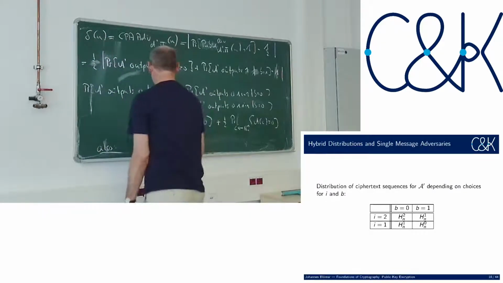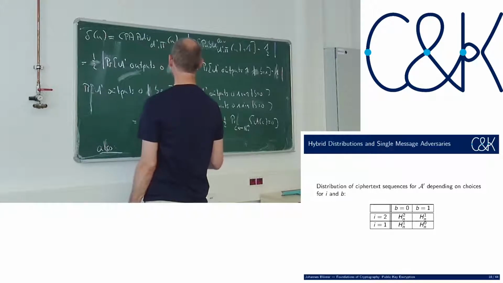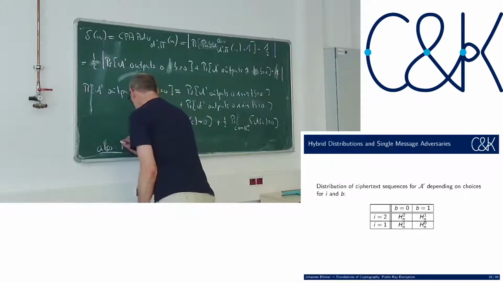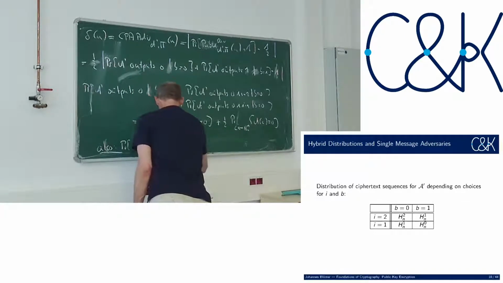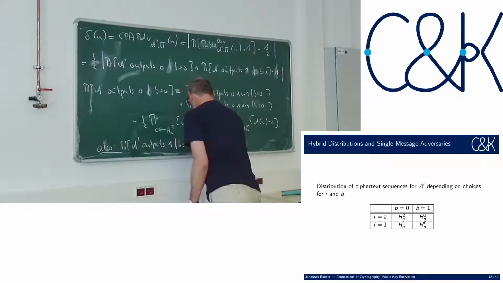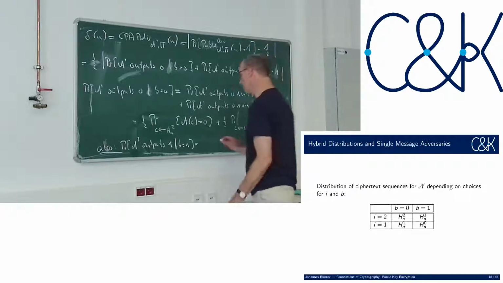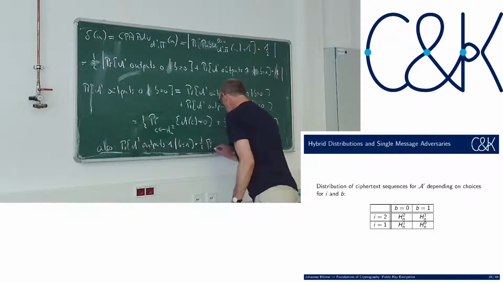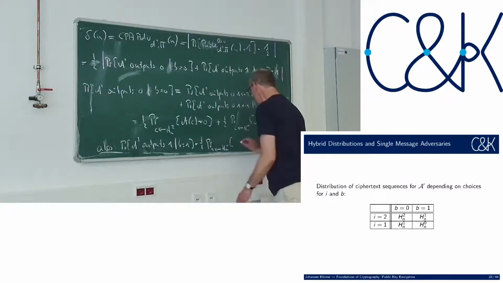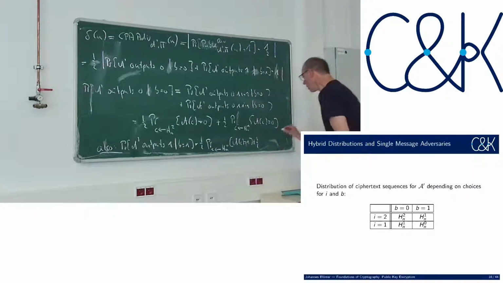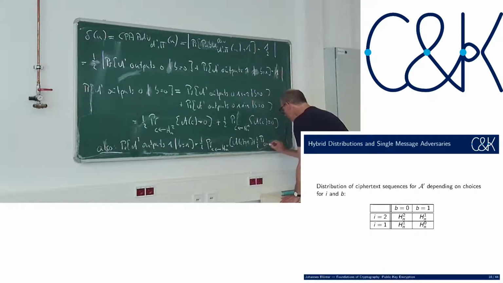There I get that the probability A prime outputs 1 conditioned on B being 1 is 1/2 the probability over C according to H and 0, A of C outputs 1, plus 1/2 the probability over C according to H and 1, A of C outputs 1.